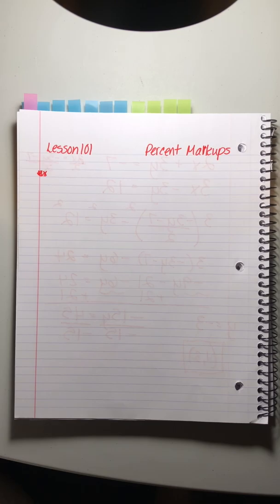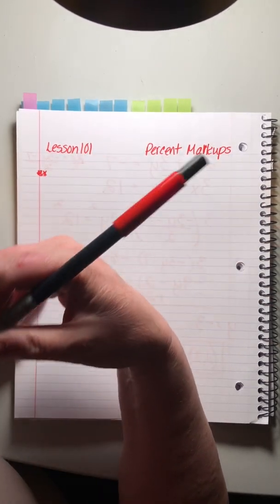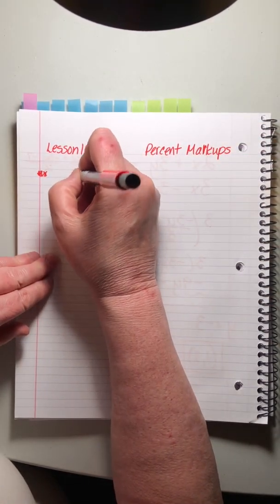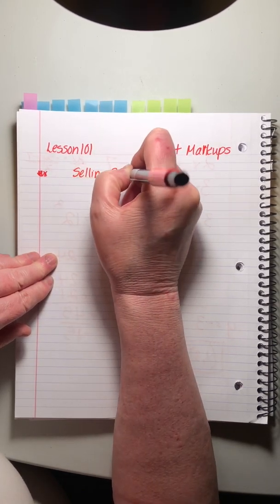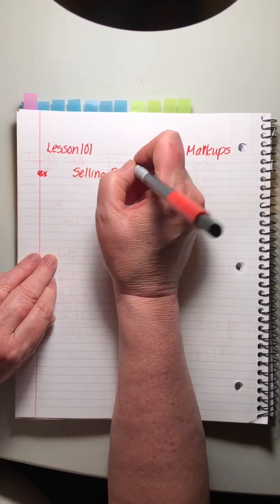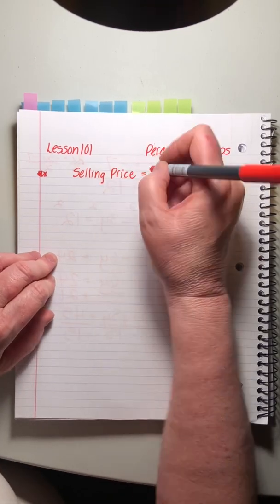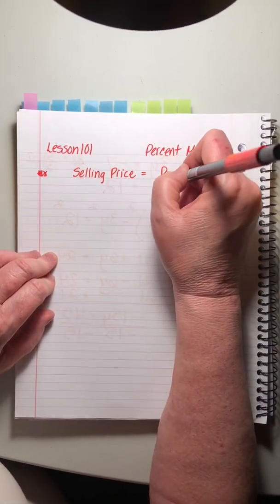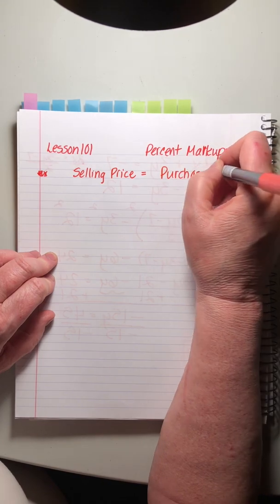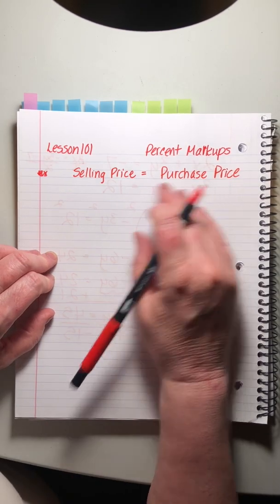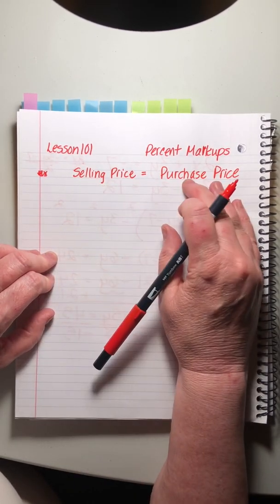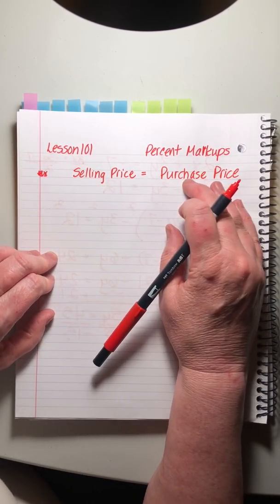So when they sell, because we own Zumiez now, the selling price that we set for our store is equal to the purchase price. When we buy a pair of sneakers from Vans to sell in our store, we have to purchase it for a certain price.